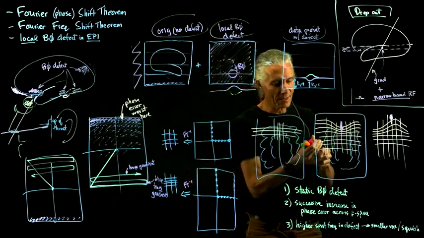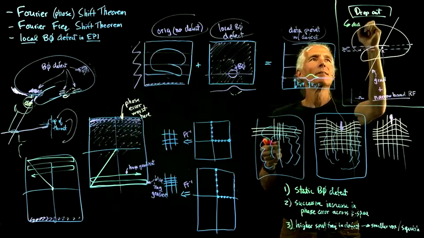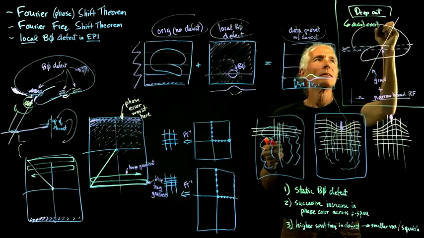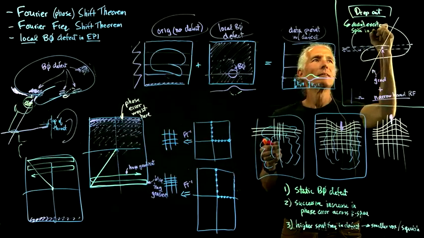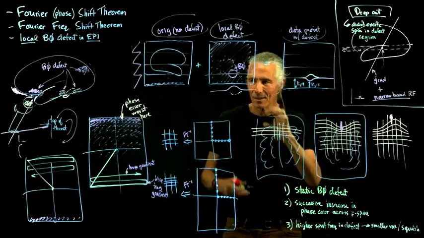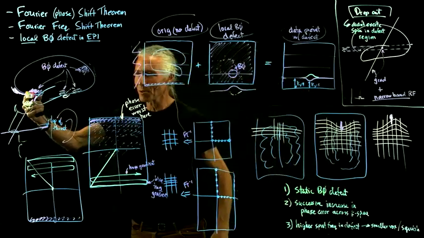So what does dropout mean? It means we didn't excite spins in the defect region. And so that can actually cause a little black hole in the image. It's generally in the same place as the distortions are.